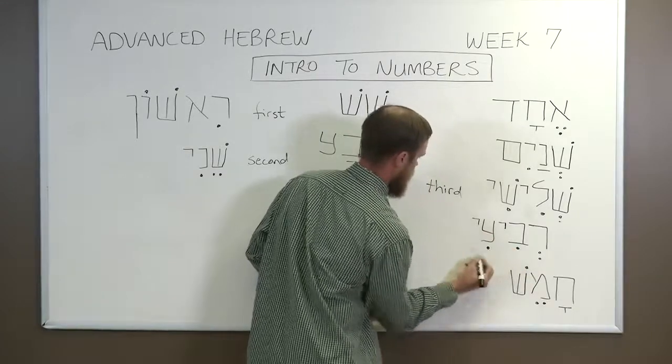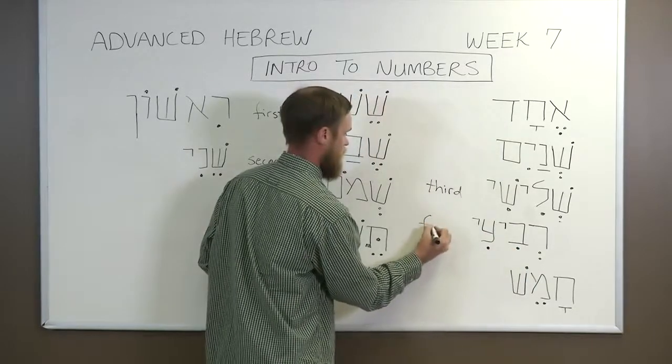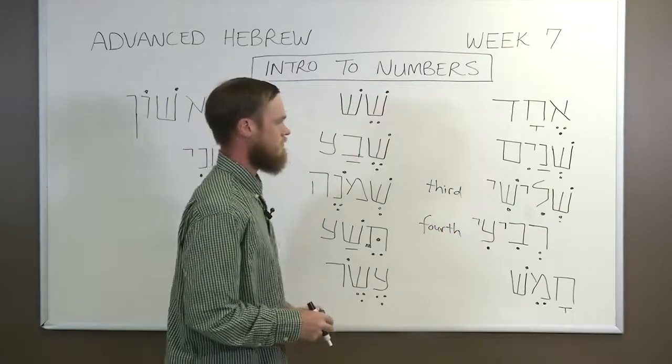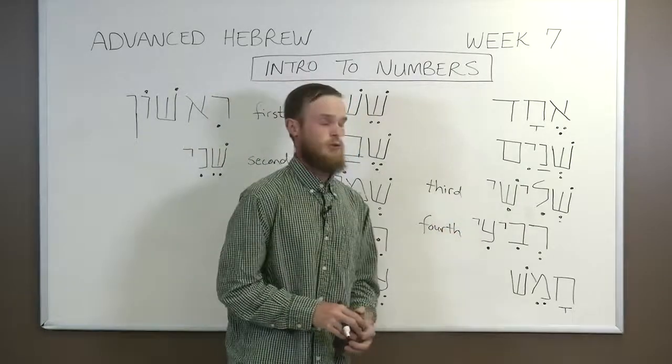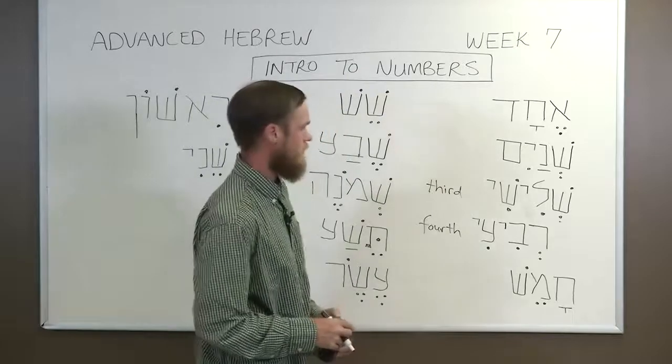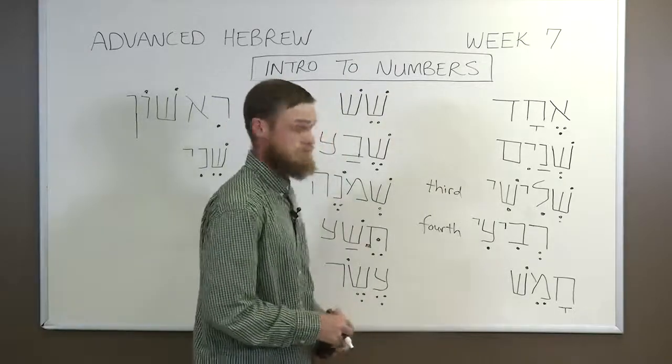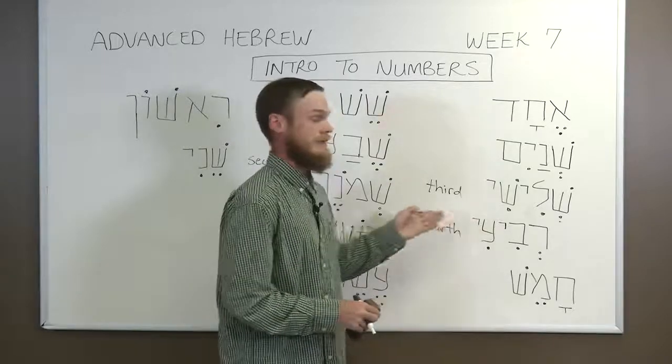So this becomes revi'i, fourth. Okay, so the fourth man, ish revi'i. Fourth horse, sus revi'i. Fourth woman, isha revi'it.